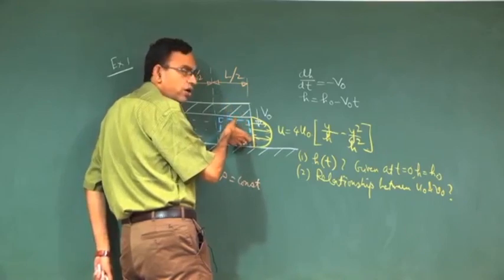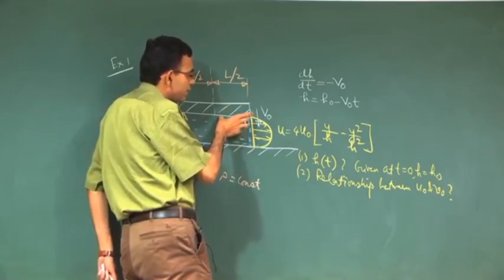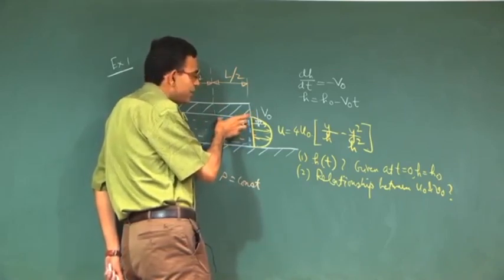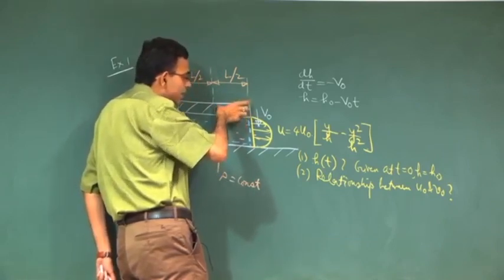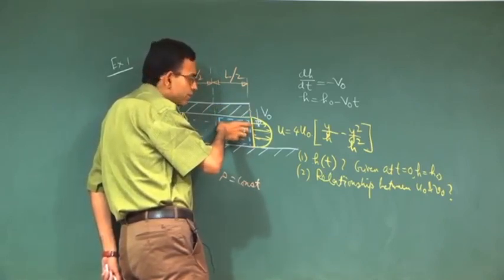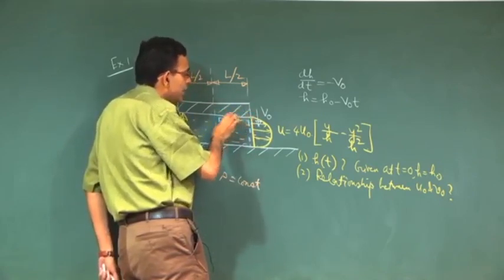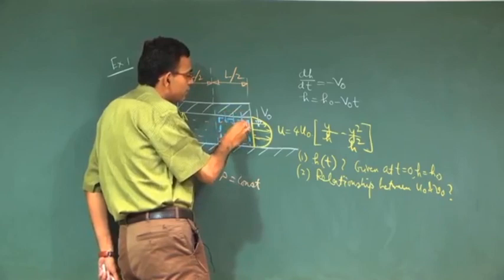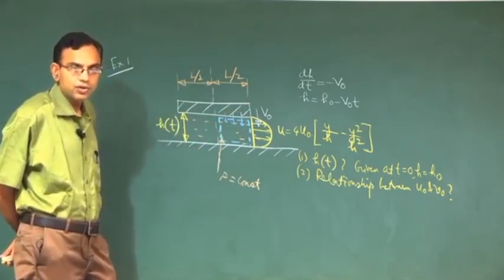That means this is a non-deformable control volume. So whatever you have drawn remains like this. If it remains like this, then the plate which is coming from the top towards the bottom will result in some flow of the fluid across the face of the control volume.